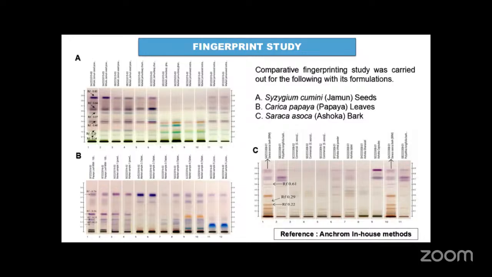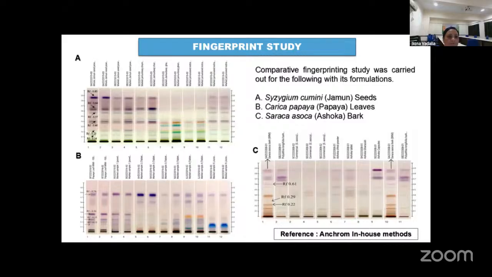So you can see that if you purchase the powder from the market, then there may be some adulteration, or it may be from other sources. So you are able to see the authenticity of that sample.